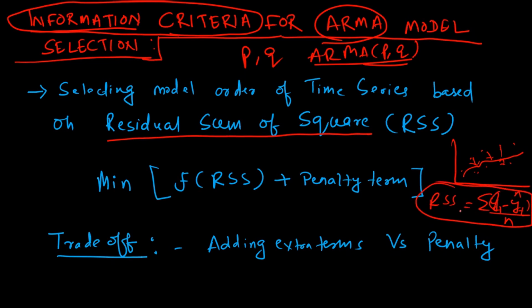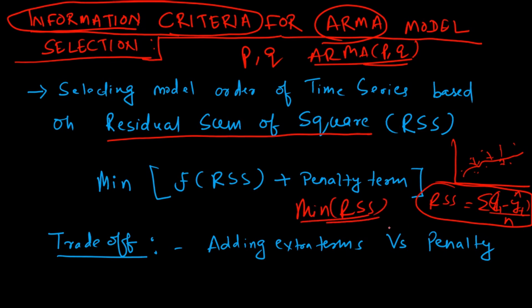What it essentially means is that the residual sum of square tells you how well your curve or line is fitting your data. We want it to be minimum all the time. The model which gives the minimum RSS is the best model, as we have learned from regression theory.